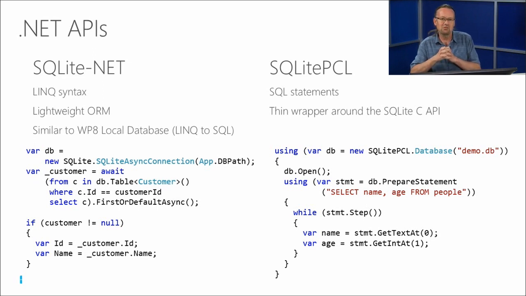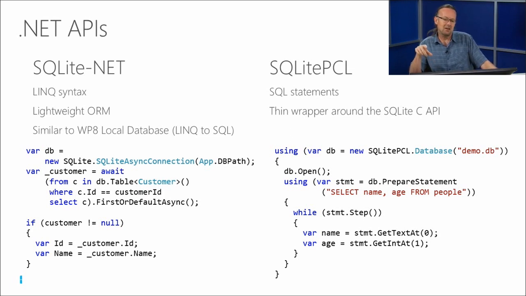If good old-fashioned SQL statements are more to your preference, then there are a couple of wrappers. There's one called SQLite WinRT that was created by Peter Torr and shown at Build 2013. I've been working with him and supporting that wrapper, and I spent quite a lot of time last year talking about it.